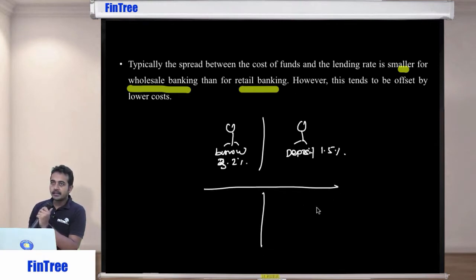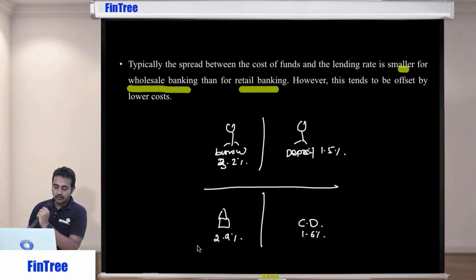In a wholesale banking scenario, let us say you raise money through certificates of deposit. You float your CDs in the market, and your cost of borrowing turns out to be, let us say, 1.6%. Then you allow some large corporate house to borrow that money, and the borrowing cost might turn out to be, let us say, 2.9%.